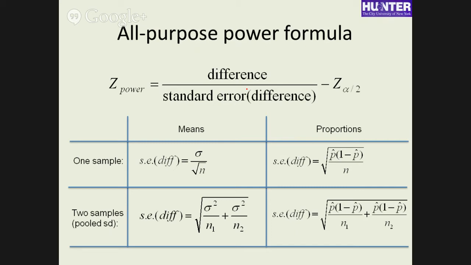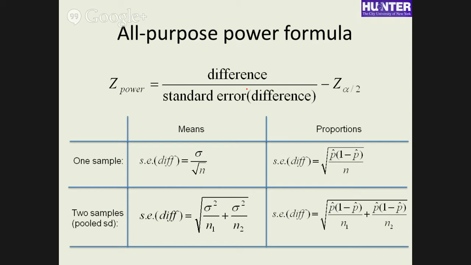So here is an all-purpose power formula for all of the tests. This can be adapted at least to all of the tests that you've done so far. And it's based on these plots.